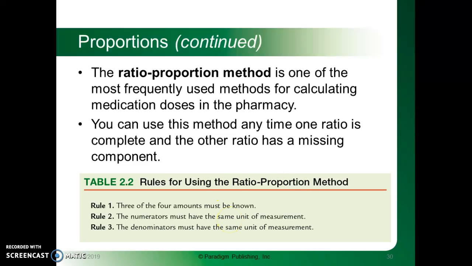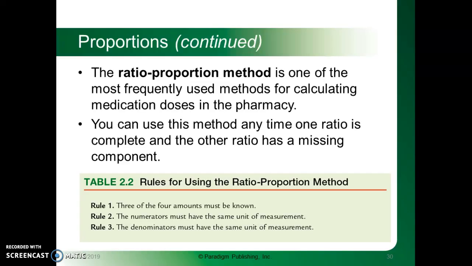In the rules for using ratios and proportions, 3 of the 4 amounts must be known. The numerators must have the same units of measure, and the denominators must also have the same units of measure. Like I was saying previously, if you have 1 gram equal to 1,000 milligrams, that's your ratio, 1 to 1,000.